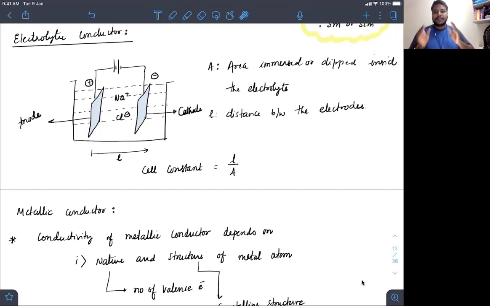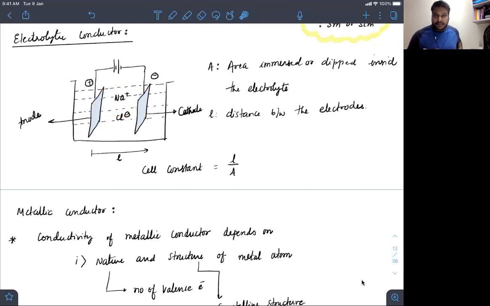And we need to precisely understand how much is the resistance which is occurred in that volume, or how much is the conductance which is happening by the ions in that volume. Got it? So now the cell constant in conducting cells where electrolytic solution is present will be between these two electrodes in that particular volume.